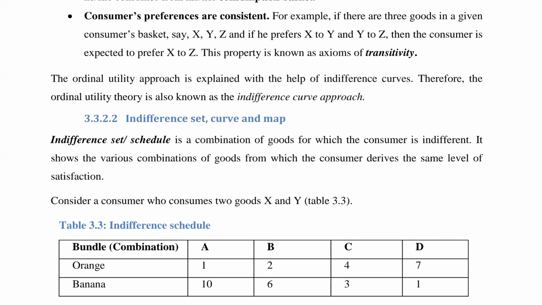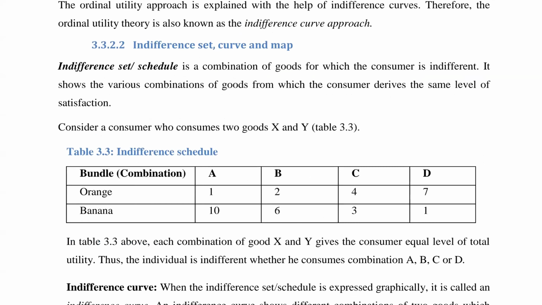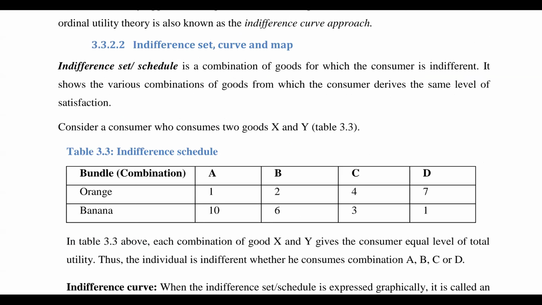that has us to another level of conversation where we're talking about the indifference sets and the indifference maps. An indifference set or schedule is basically just a combination of the goods and the services between which a consumer is indifferent. Just like that schedule we were seeing for total utility.